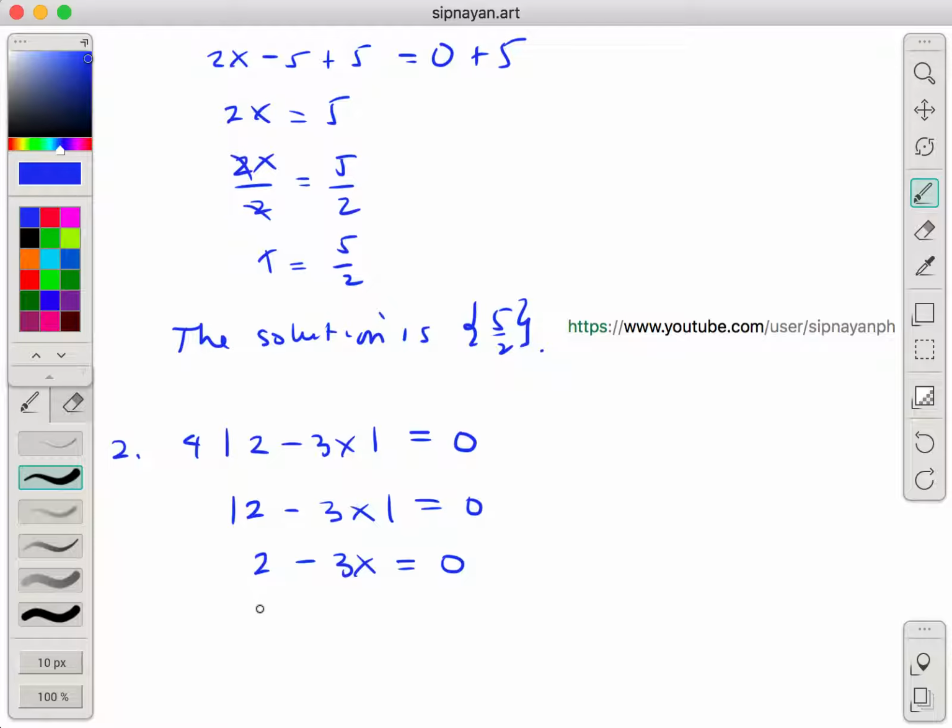If you subtract 2 from both sides, the 2 disappears because 2 minus 2 is 0, but the other side becomes 0 minus 2, which is negative 2.